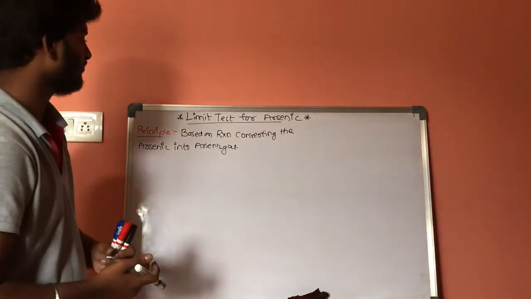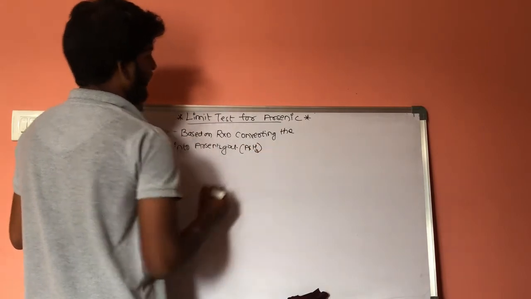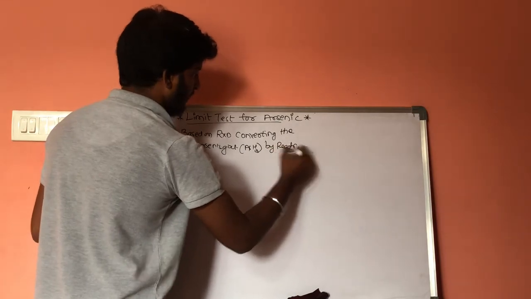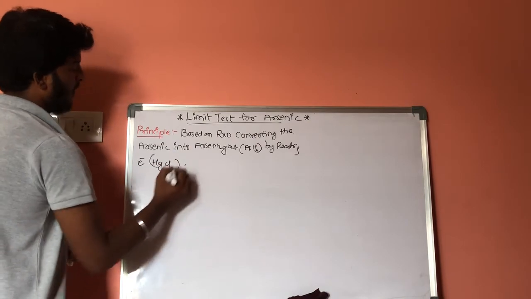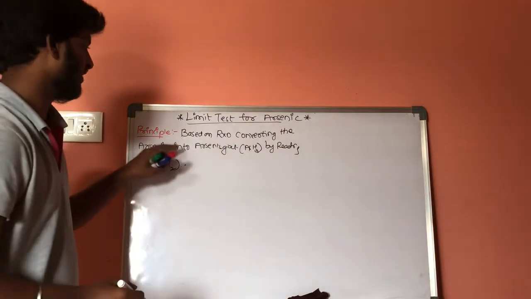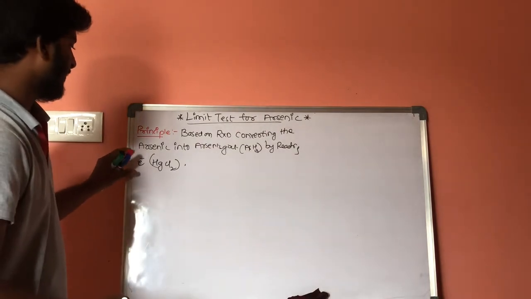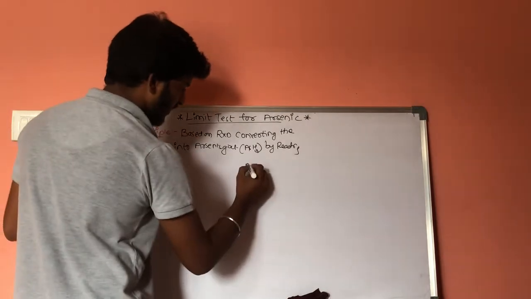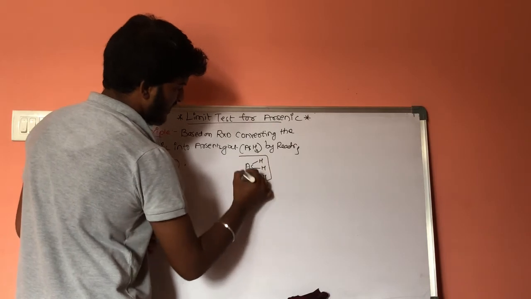Now arsine gas is AsH3, formed by reacting with mercuric chloride. That is the principle, converting the arsenic into arsine gas, that is AsH3, by reacting with mercuric chloride. The structure of AsH3 is As, H, H and H. This is the structure of arsine gas.